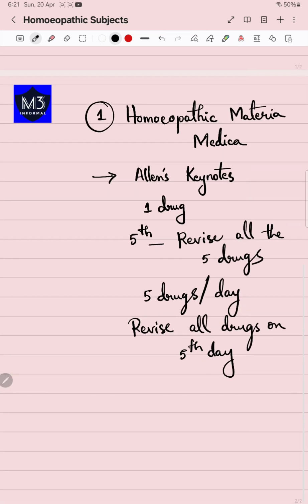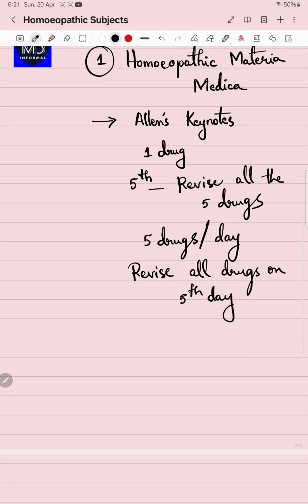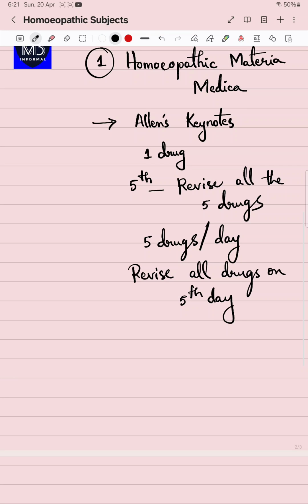After doing so, you will make sure that you are studying repetitively, you are memorizing repetitively, you are recalling repetitively. This will make sure each and every important symptom or important keynote is fed in your brain somewhere subconsciously. So, this is the only trick that can work to remember Allen's keynotes as it is.